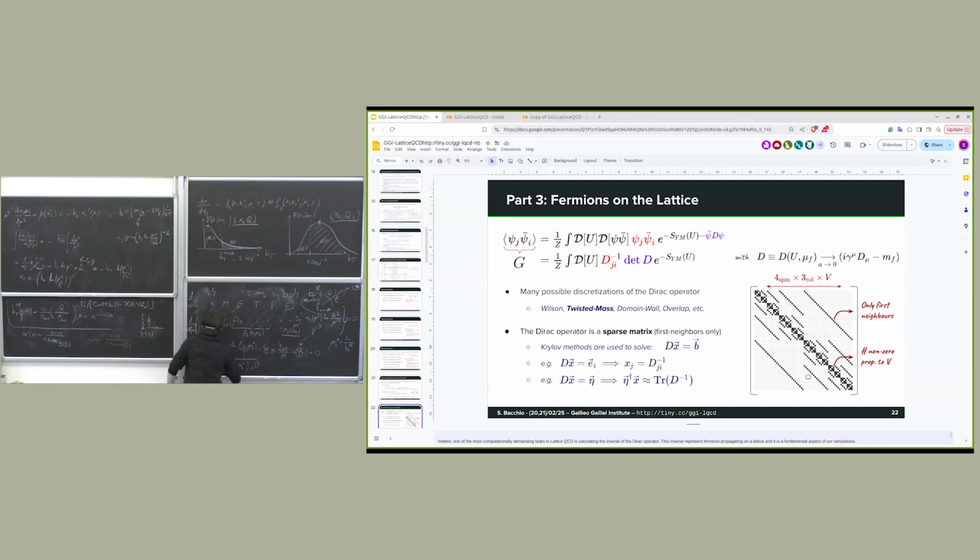So solving a linear system Dx equals b is actually much, much easier, because at the end of the day, if you solve it, you find x. What is x? It's the inverse of D applied to b.